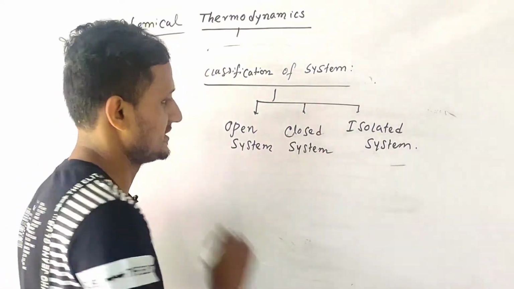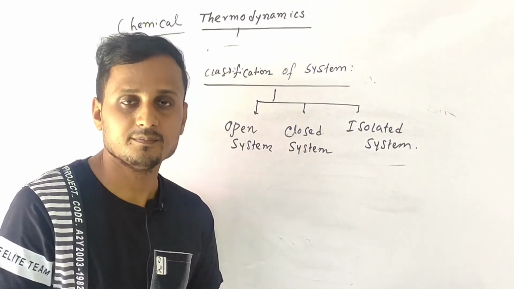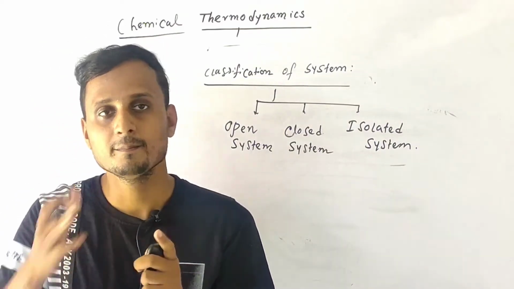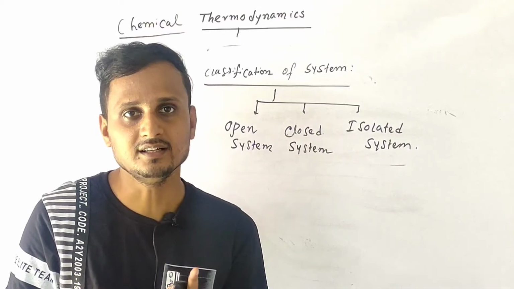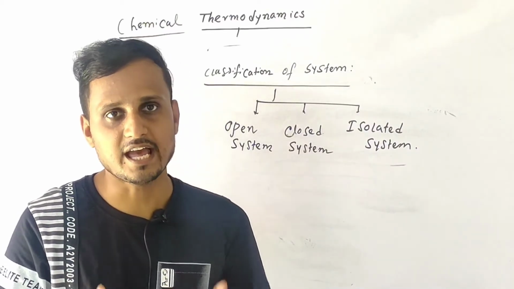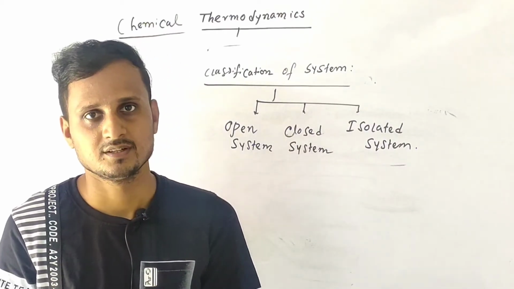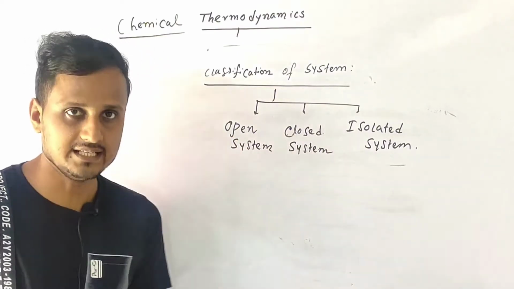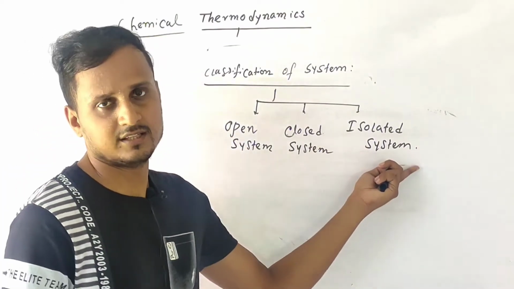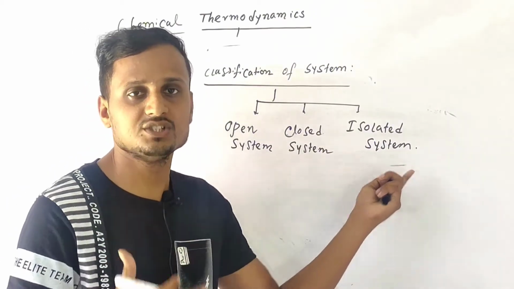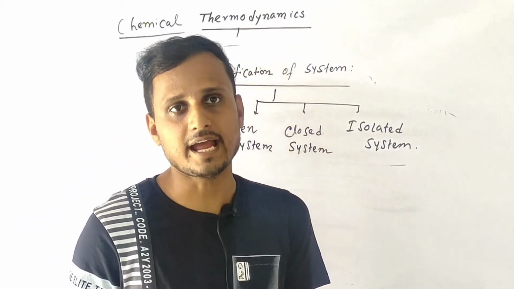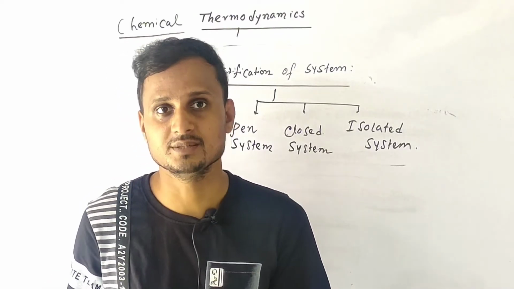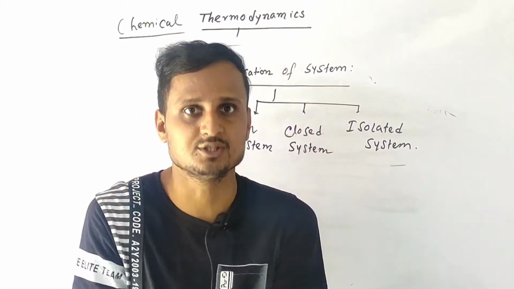Now, what is isolated system? The system with which there will be no change in the matter and the energy with the surroundings. That is the isolated system. That means the system will be completely isolated.